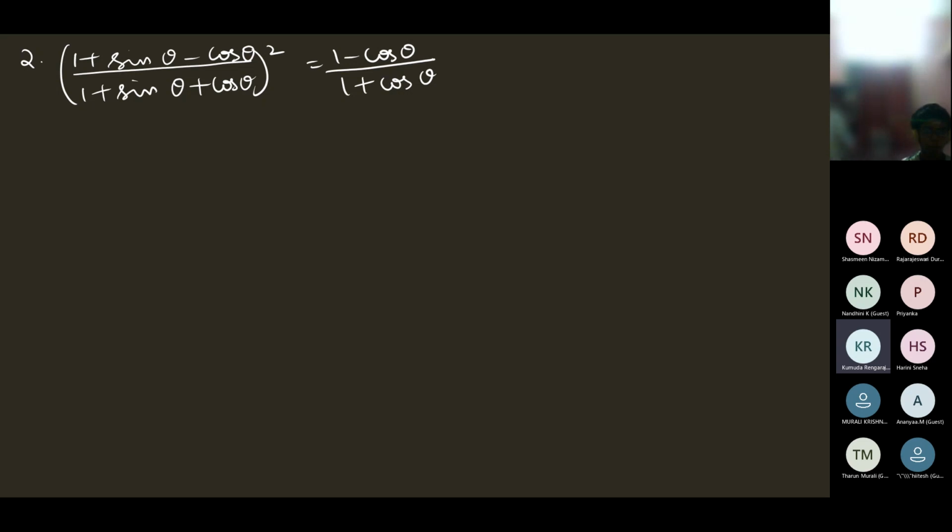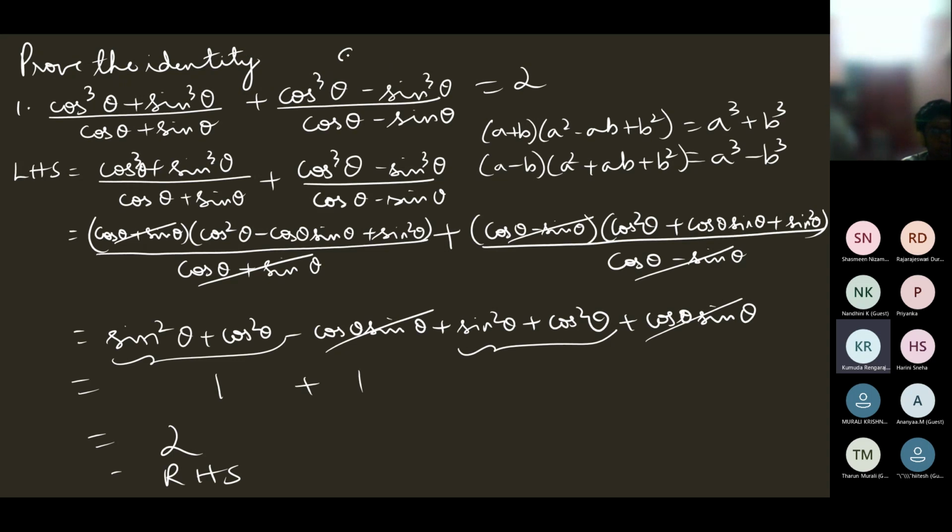The numerator has 3 terms. The denominator also has 3 terms, which means to square this, we need to use the identity a plus b plus c the whole square. What is a plus b plus c the whole square? Tell me.